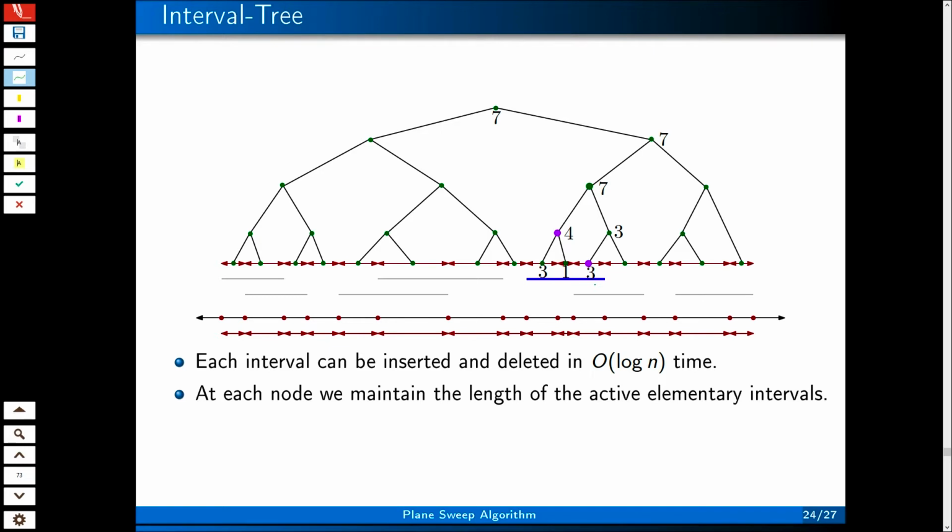Suppose these are the set of lengths of the intervals. After reaching here, I will push 4 upwards. I will come here, I know the length of this is 3, I will push 3 upwards, then 3 upwards. So the total active length of interval here is 7.